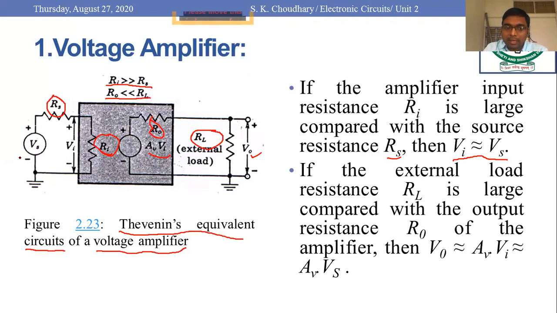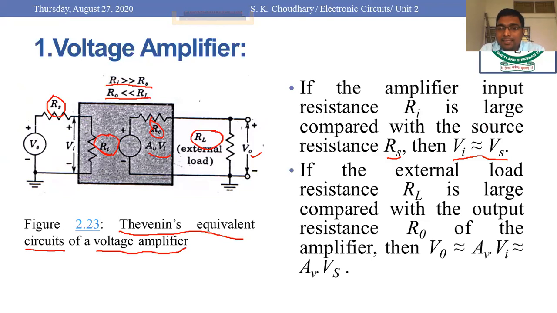So Vi is equivalent to Vs. Whatever voltage the source generates, the same voltage appears across the input terminal of the amplifier. Generally Vs is a function generator or signal generator.